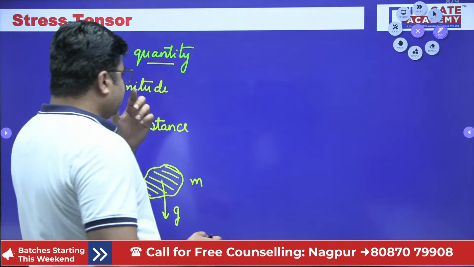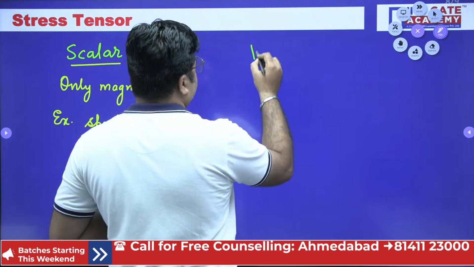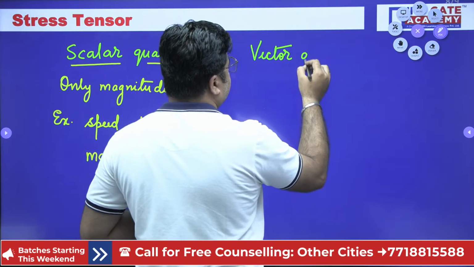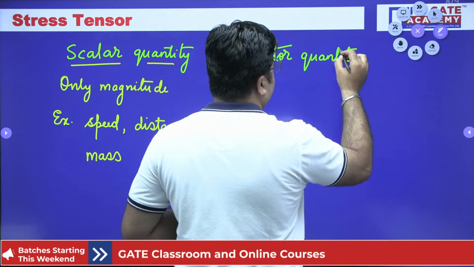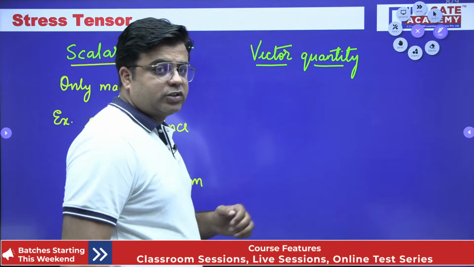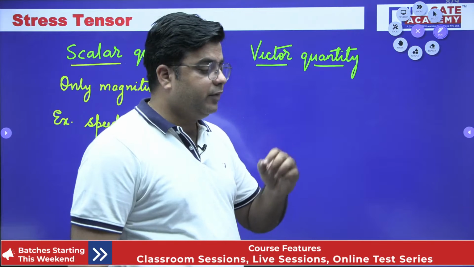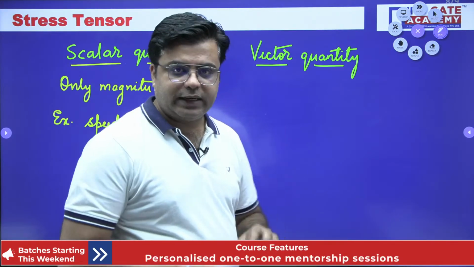Now talking about the next quantity, which is the vector quantity. Such quantity which has both magnitude and direction are defined as vector quantities.